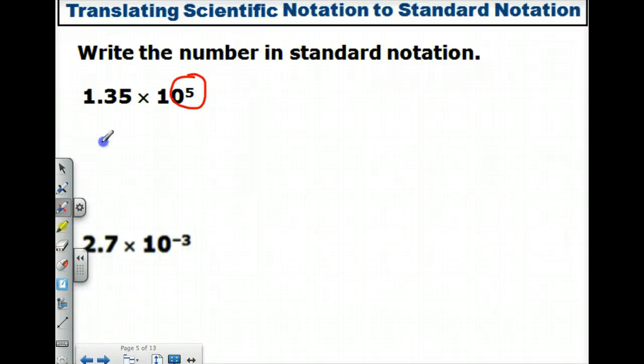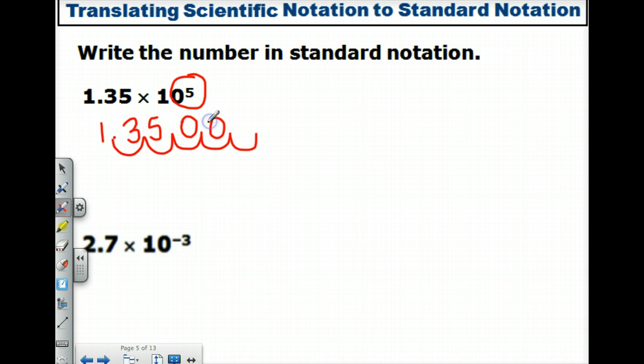So I start with the decimal number that is given in the problem, 1.35, and now I need to move that decimal point to the right 5 places. 1, 2, 3, 4, and 5 places. We want to make sure we fill in with zeros, and then I do want you to rewrite your answer in its final form, 135,000.